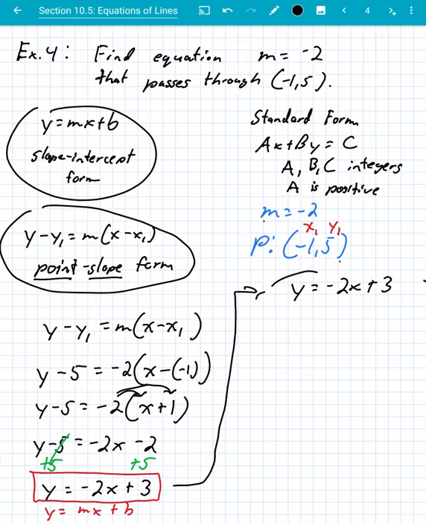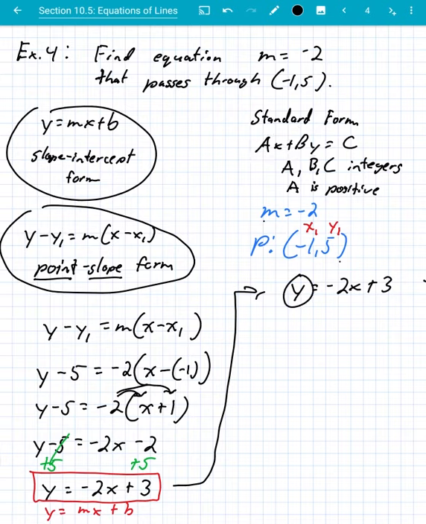So what we're going to do is manipulate this equation to fit that. According to the standard form equation, notice it has x and y on the left side of the equation. Here we currently only have y on the left side. The c in this case is just going to be a number. So our goal to get this into standard form is to have x and y on the left side of the equation.